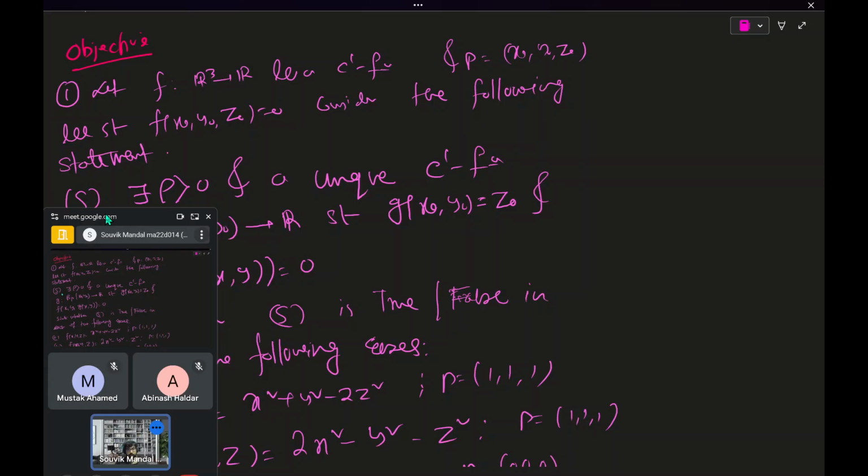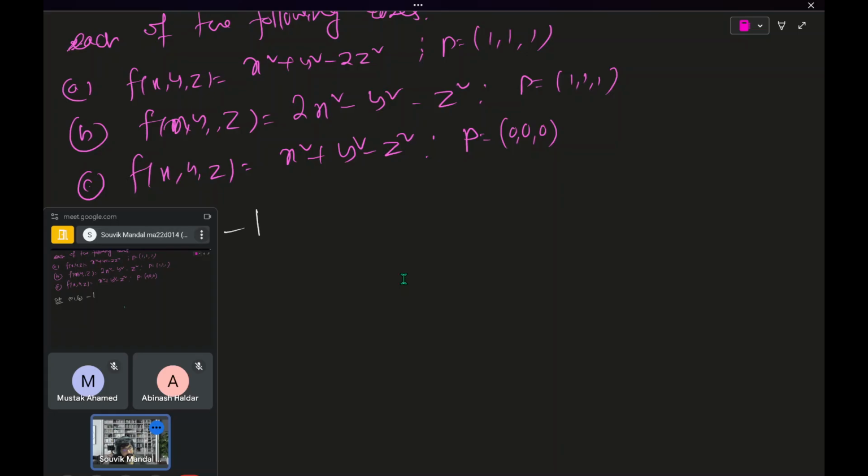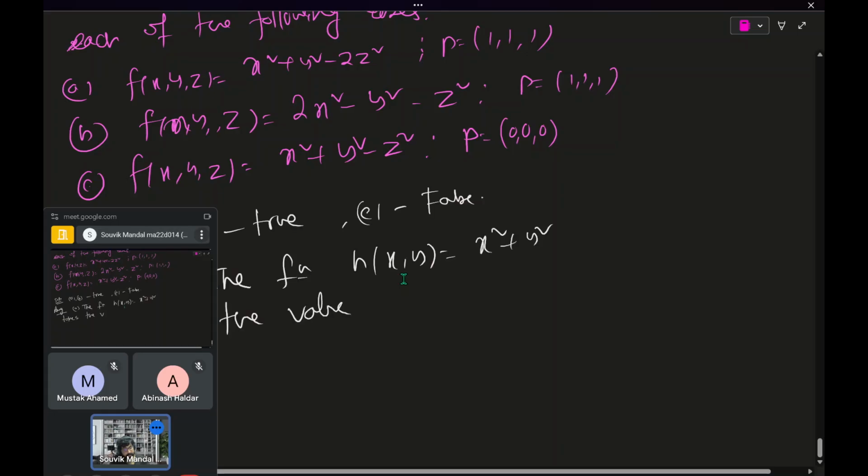Let me tell the answer. Option A is true, option C is false. The argument: the function h(x, y) = x squared y squared takes the value 1 at the point (1, 1).